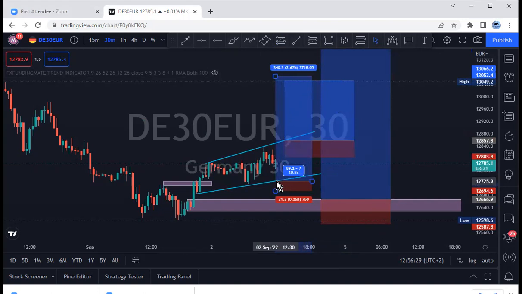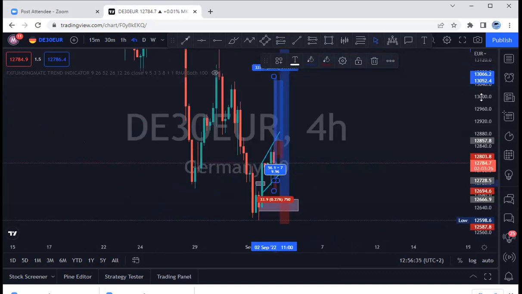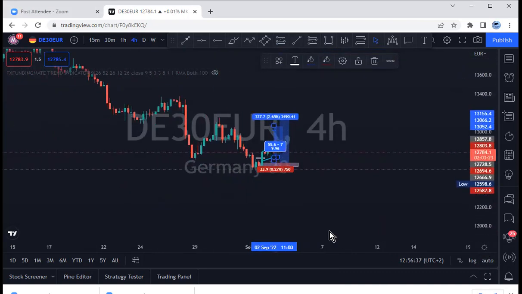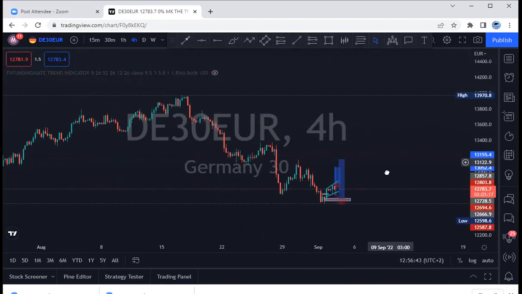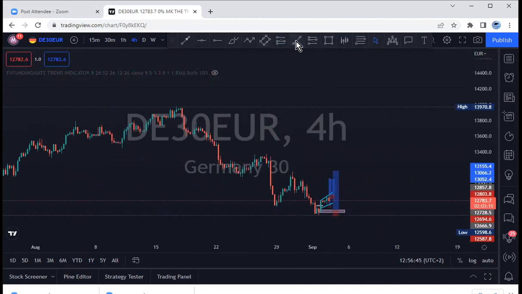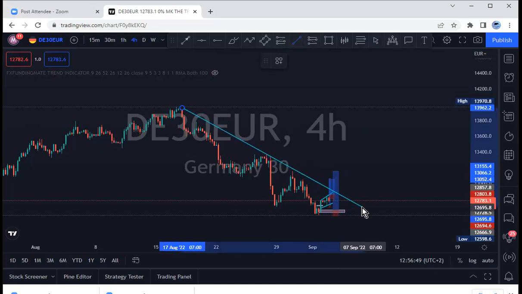This is the first one, second one, and then the third one. So same thing, and then we'll be looking forward to see price go to the upside, because obviously we are looking forward to see price break this trend line. Once it breaks this trend line, it means it's going to go to the upside.